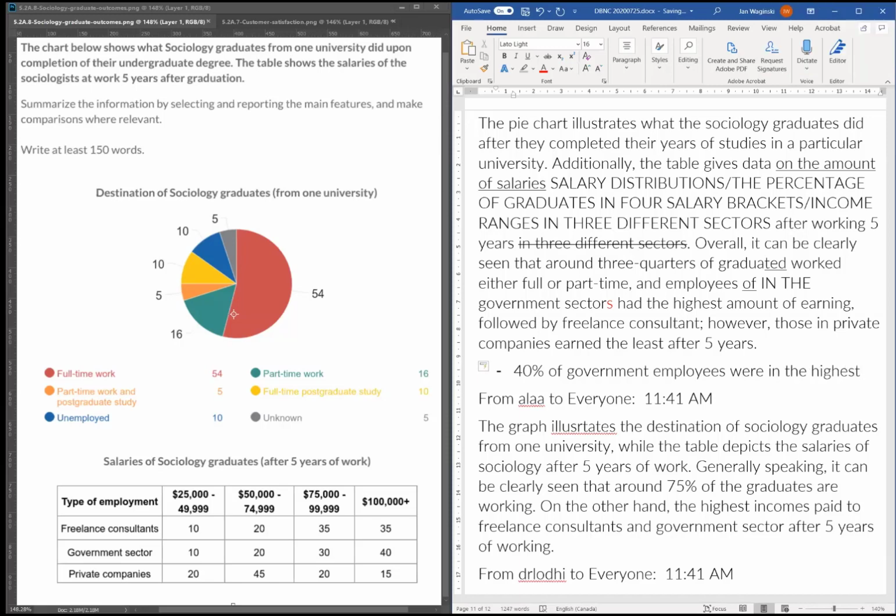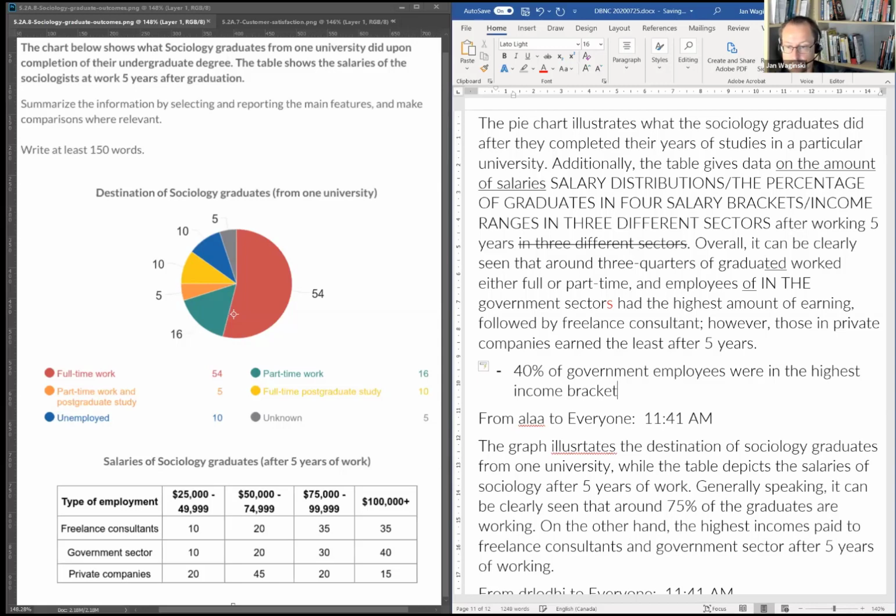It's percent. They all add up to 100. The percentage signs should be there. Every one of those rows adds up to 100. We're in the highest income bracket. So 40%, yeah.